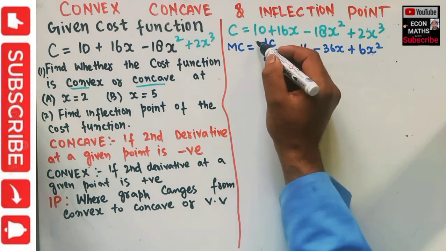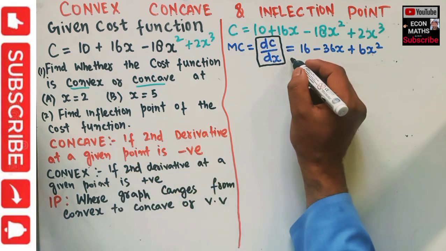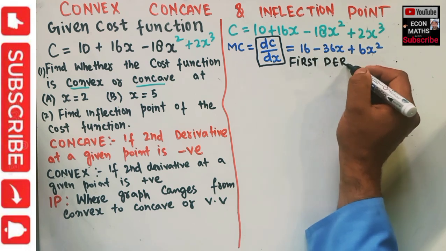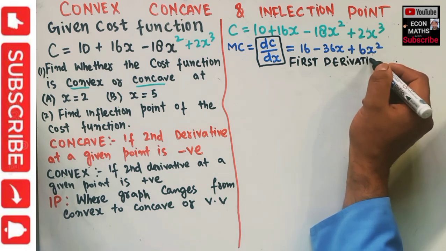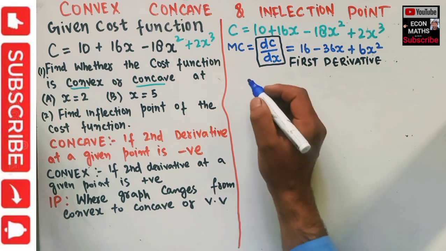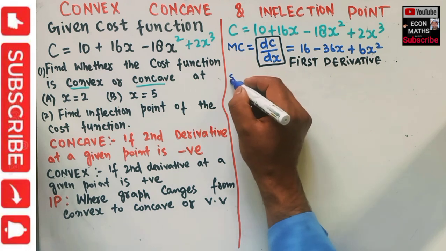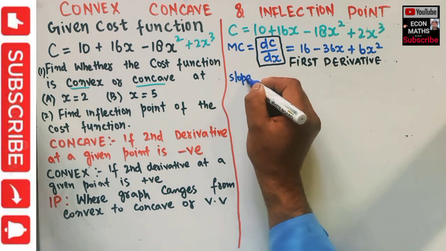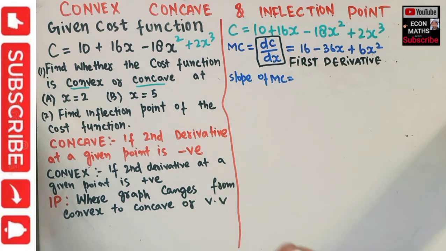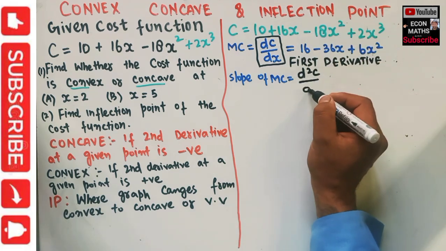So this is our first derivative, but we are interested in the second derivative. The second derivative of the cost function is simply the slope of the marginal cost, and it is given by d squared C over dx squared.